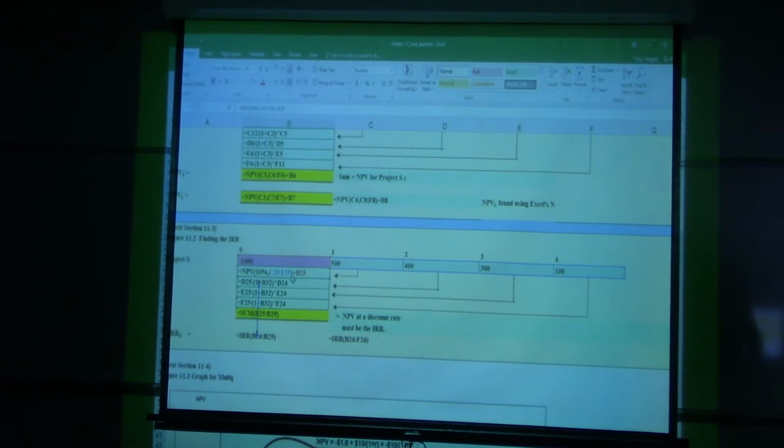So that's why it's using the C. Oh, so I 25 divided by 1 plus the interest rate, not the NPV. So we used $500 divided by 1 plus the interest rate. So it shouldn't be 1 plus B32, it should be 1 plus 10%.